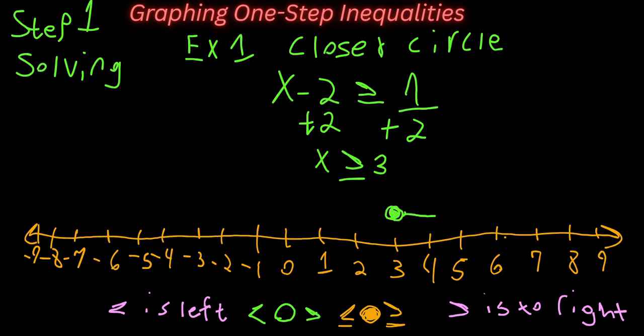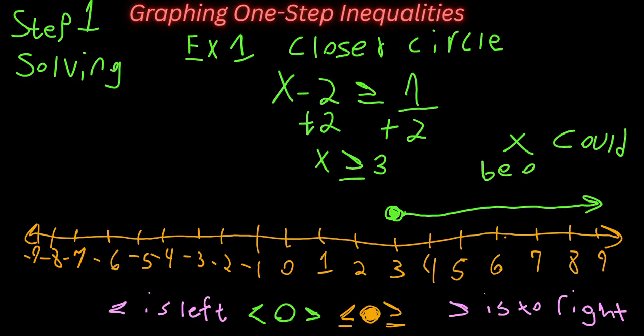We travel in the right direction, and we call that shading in. That's what that represents: x could be any number to the right of our circle. Any number 3 or greater. That's what we're representing here.